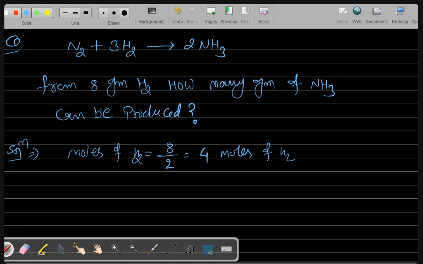Okay. Next step we do is put the ratio: 3 moles of H2 produces 2 moles of NH3.